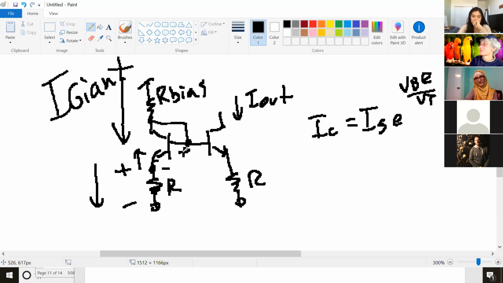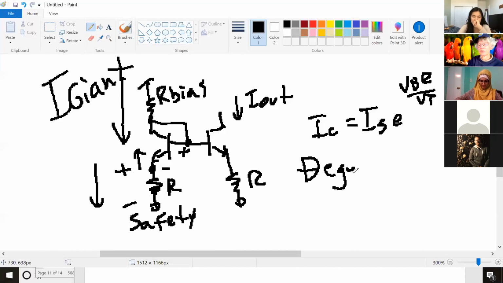It gets smaller. So this can be considered a safety precaution, and it's called degeneration resistors.